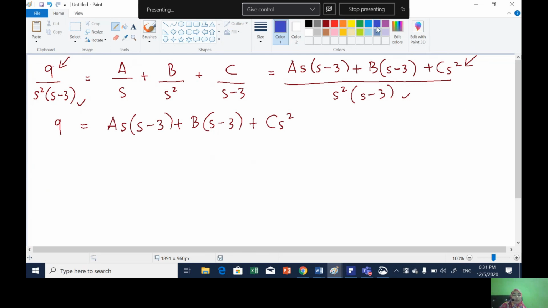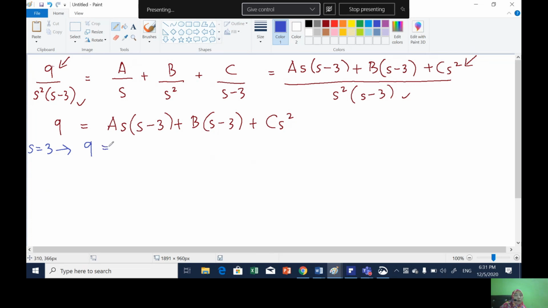We are supposed to find the ABC values. Very simple, we can choose s equal to 3 for the fastest result. When s equals 3, this part will be 3 minus 3, which is 0. So A will be times 0, B also will be times 0. We have this part non-zero, which means we can find the value of C. This gives us 9.